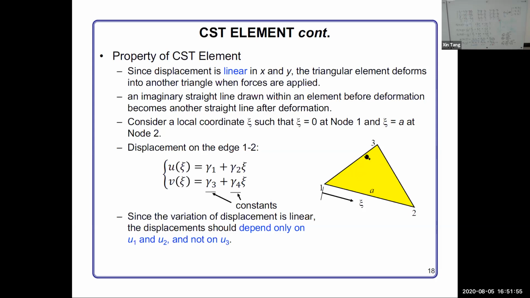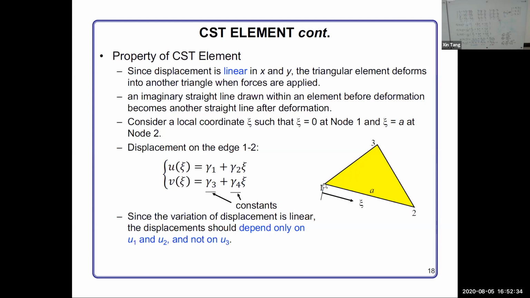Now, this is one CST element. Consider this element has 3 nodes, 1, 2, 3. Let's think about the displacement around one edge of the element. Since the displacement, as we said, is linearly distributed, if we know the displacement values at point 1 and point 2, we can do a linear fitting very quickly to know the displacement of any point around this line.